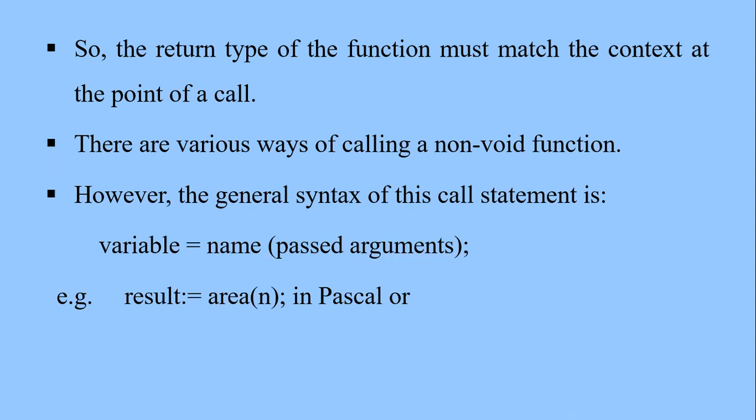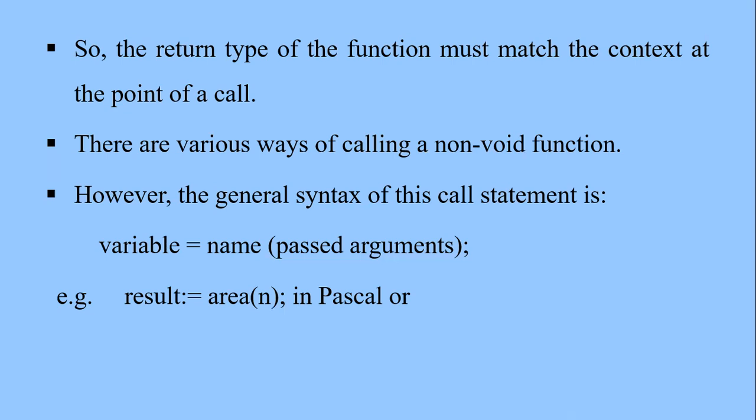The function is being invoked or called by having the name area. It is being called by also being given a value called n, a value that is stored in the memory location called n.